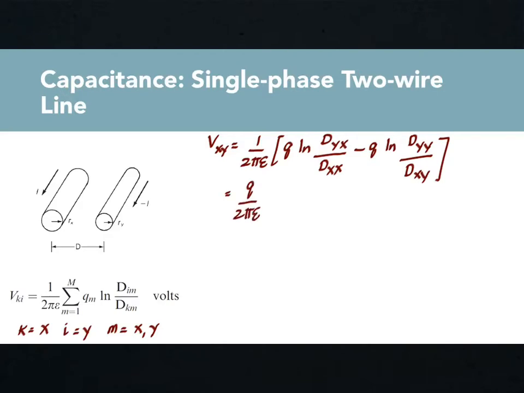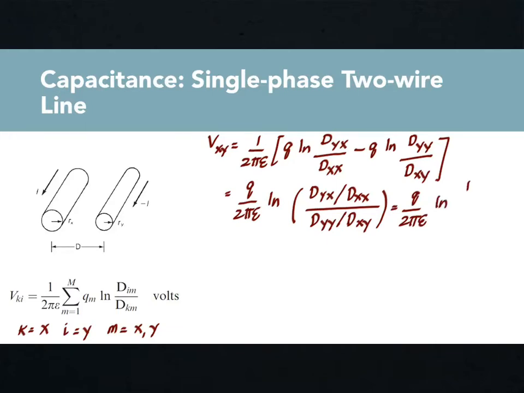Factoring out Q, we have Q over 2 pi E, or permittivity, and then ln of dyx dxx, simply observing the natural logarithm properties here, over dyy dxy. Rearranging, Q over 2 pi E ln of, we just moved up the dxy, and then over dyy dxx.